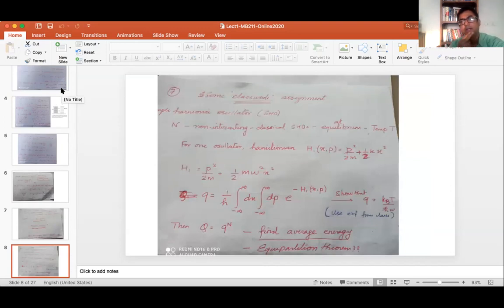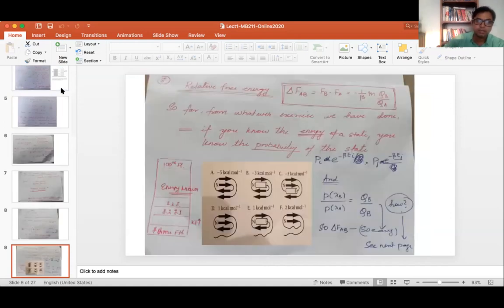So once you know the Hamiltonian, and the system is simple enough, like non-interacting, you could write the overall partition function and extract certain properties. And in this case, if you have worked it out, you would see how beautifully the equipartition theorem comes out from all this.